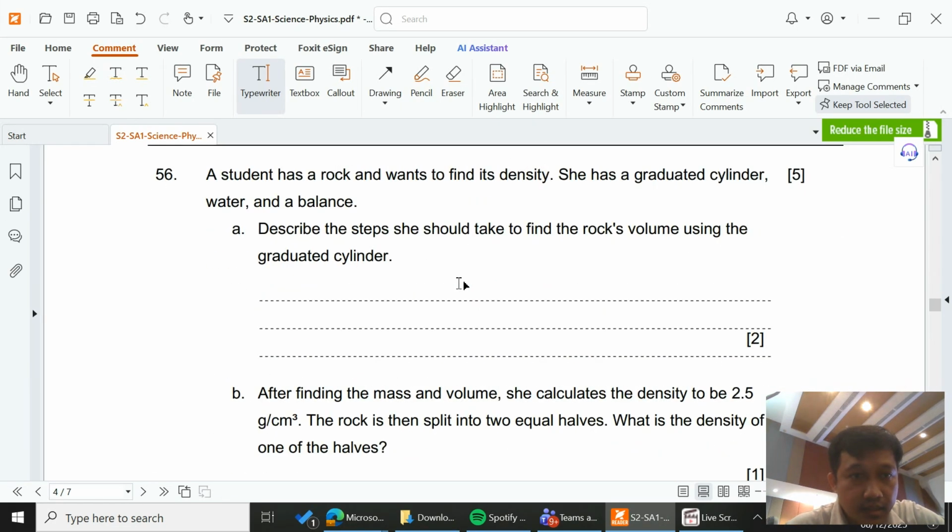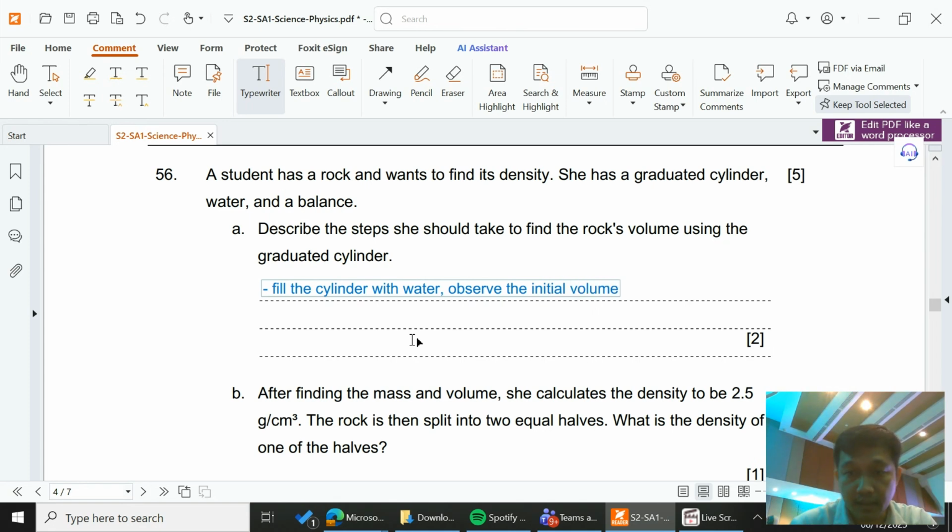Next, question 56. In question 56, a student has a rock and wants to find the density. In part A, we need to describe the steps. The steps involve 3 points, guys. The first step is to fill the cylinder with water and observe the initial volume.